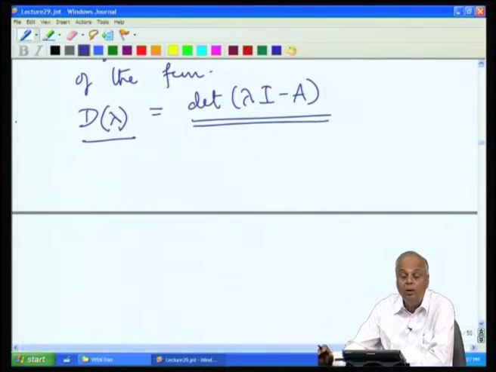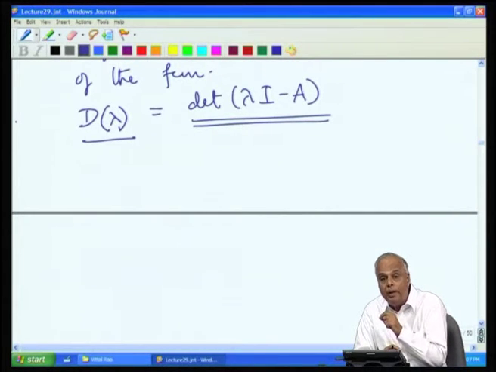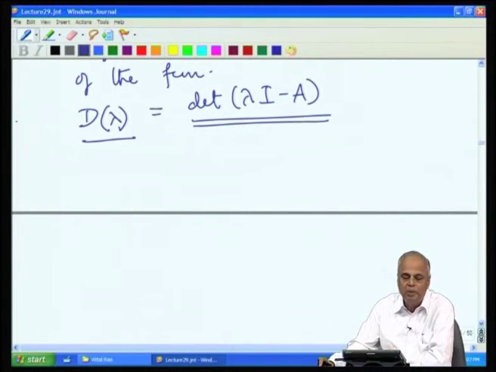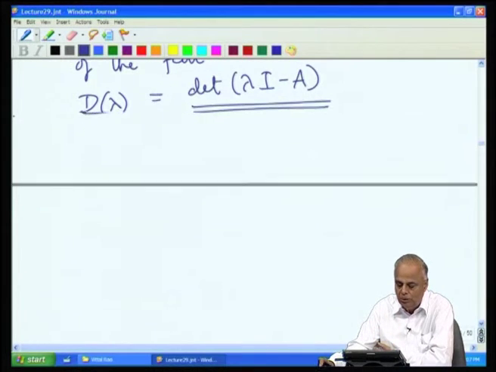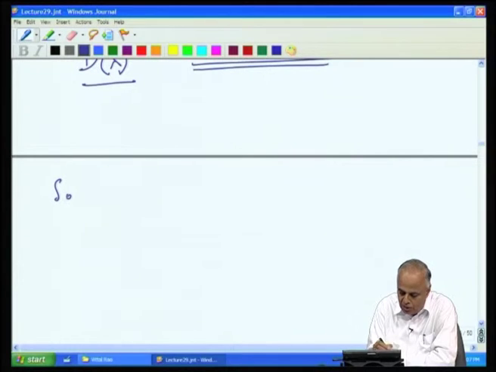So, therefore, the search now, we know, is going to depend on the zeros or the roots of this function d lambda. Now, we have some control of our search for the eigenvalues, and therefore, we must analyze this function d lambda in order to understand better about its zeros, because the zeros are going to be our eigenvalues. So, let us analyze.